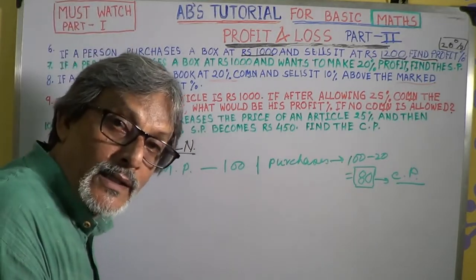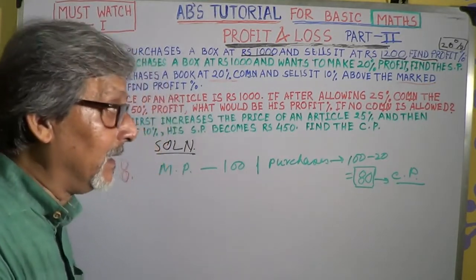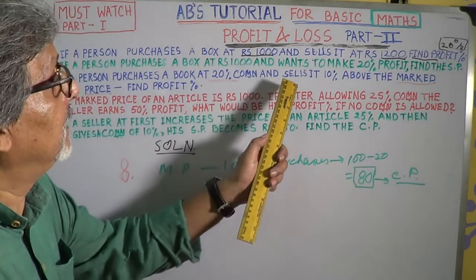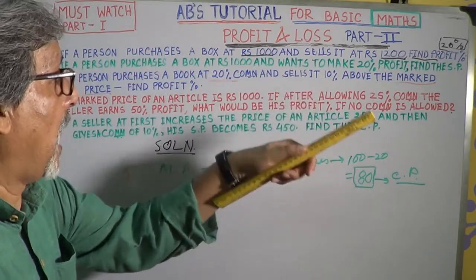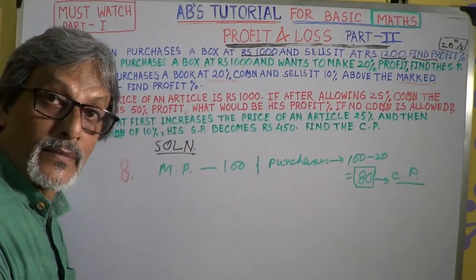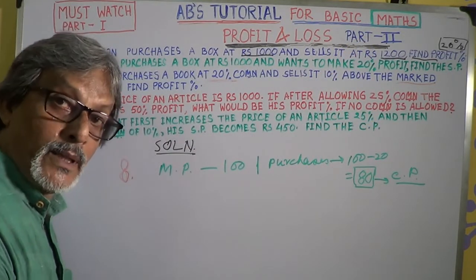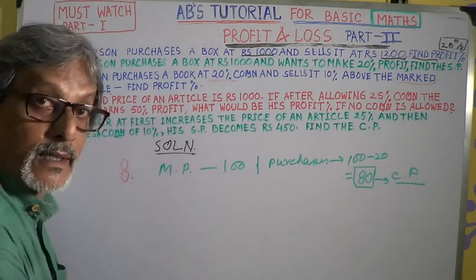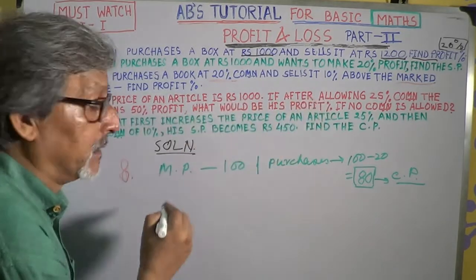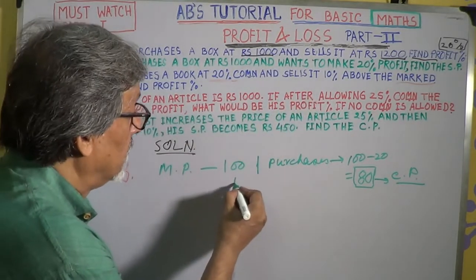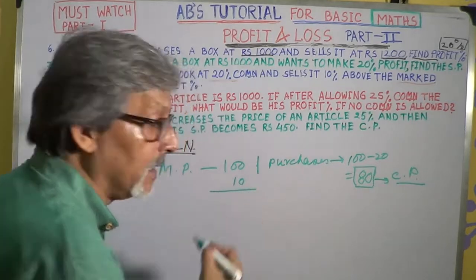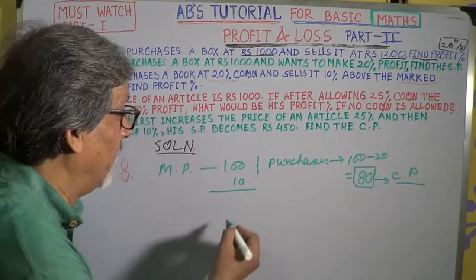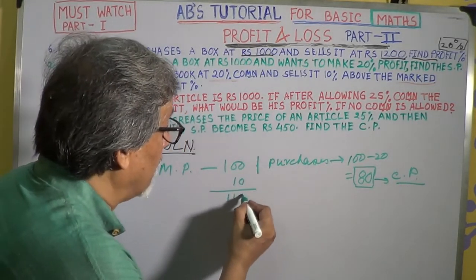Now what he is doing, he is selling this article 10% above the marked price. So the marked price was 100, so above the marked price 10%. We will add this 10 here, isn't it? So this is 110.